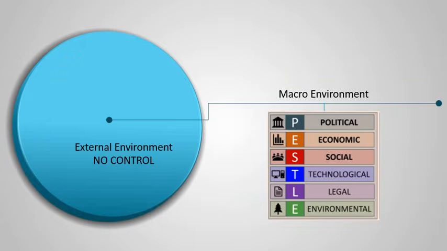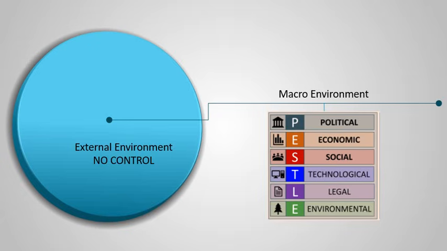And the last one is the macro environment. Now this is totally out of control. Okay, you cannot control what happens in the macro environment. And the way we remember the components or the parts of the macro environment is we use this acronym called PESTLE.